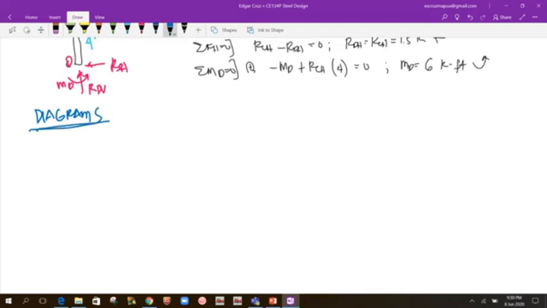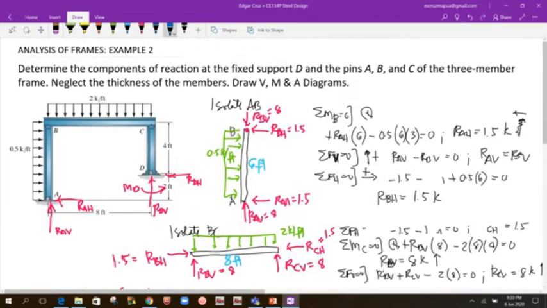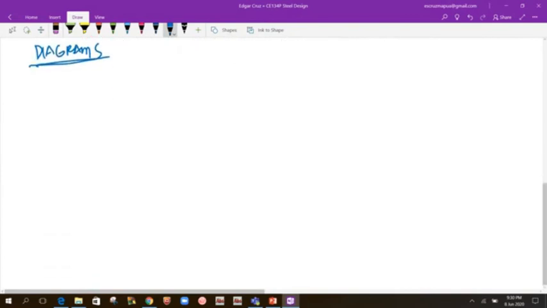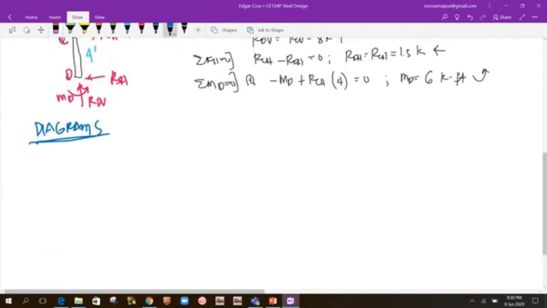Okay, so let's say member AB. Member AB is 6 feet. So member AB. Okay, so ihihiga ko siya muna, no? Okay, ito si member AB. Okay, ito si A. Ito si B.